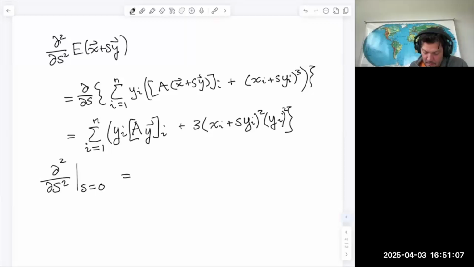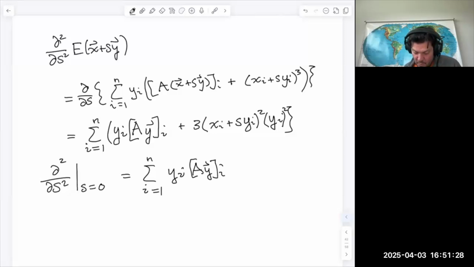So now, what do I have? I have the sum from i equals 1 to n of y_i a y_i, which we're going to write in a slightly different fashion in a moment, plus, and then what is this guy going to give us?